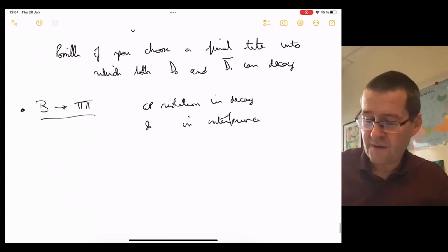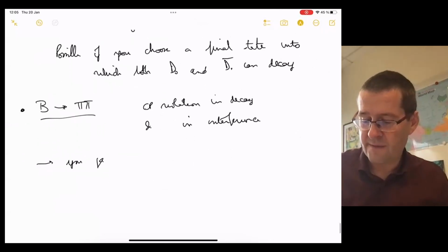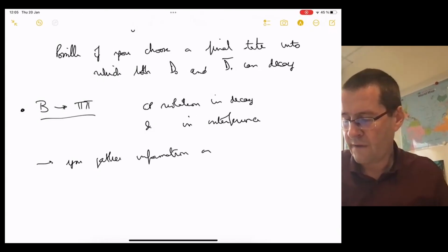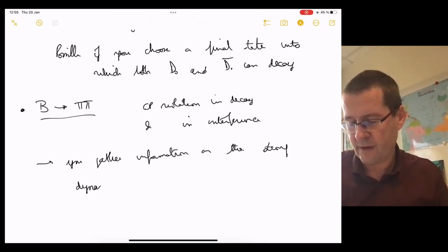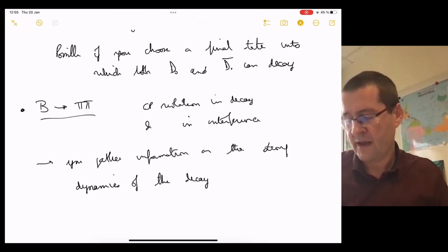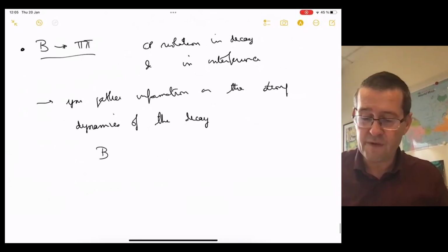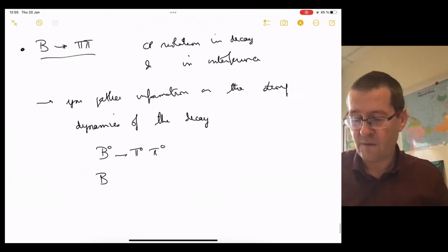The idea is that you gather information on the strong dynamics of the decay by looking at all the possible decays that you can think of.